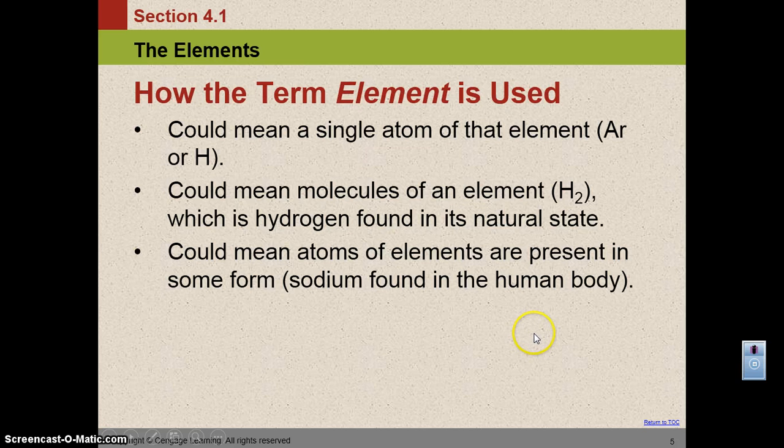Remember that sodium is an explosive metal. If I take a chunk of sodium and put it in water, it's going to explode into flames, and it's actually going to make a really basic solution that obviously we can't use in our body. And our bodies are made up of a lot of water, so if you put sodium in our body just as elemental sodium, it's going to explode, and therefore we cease to live.